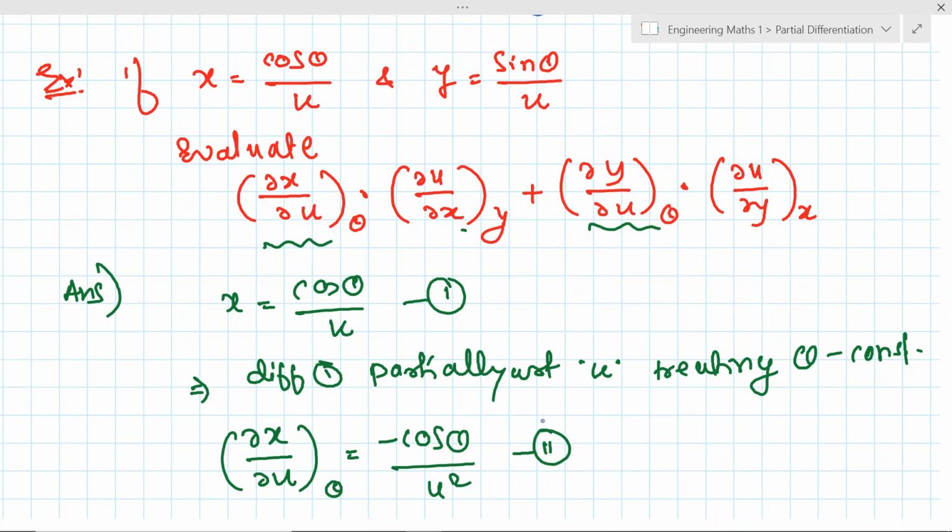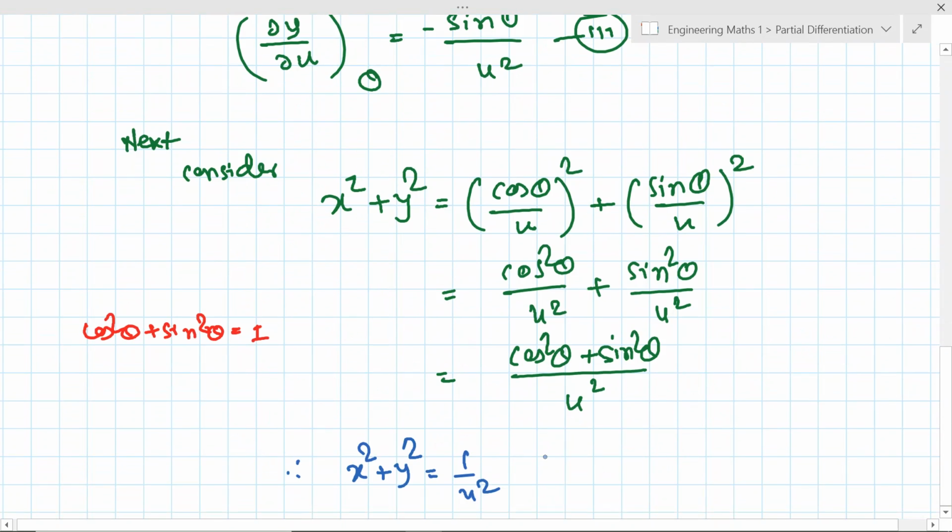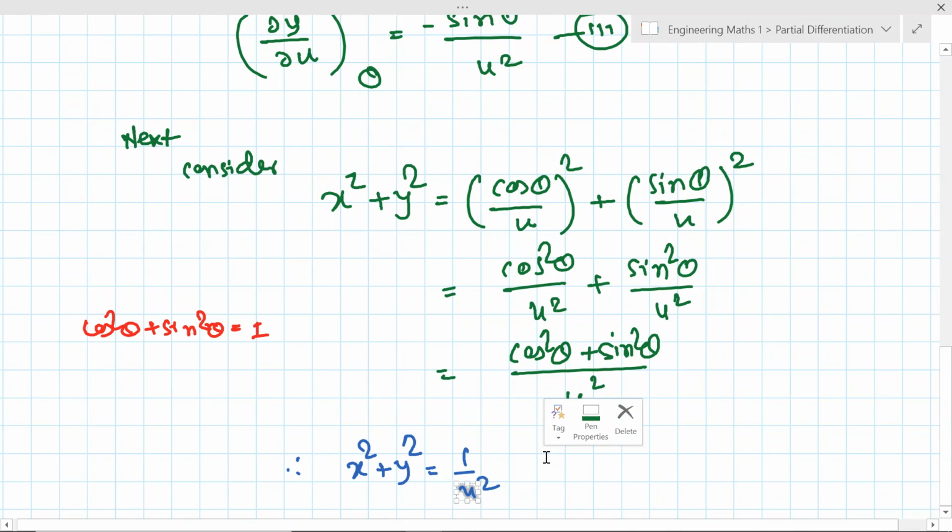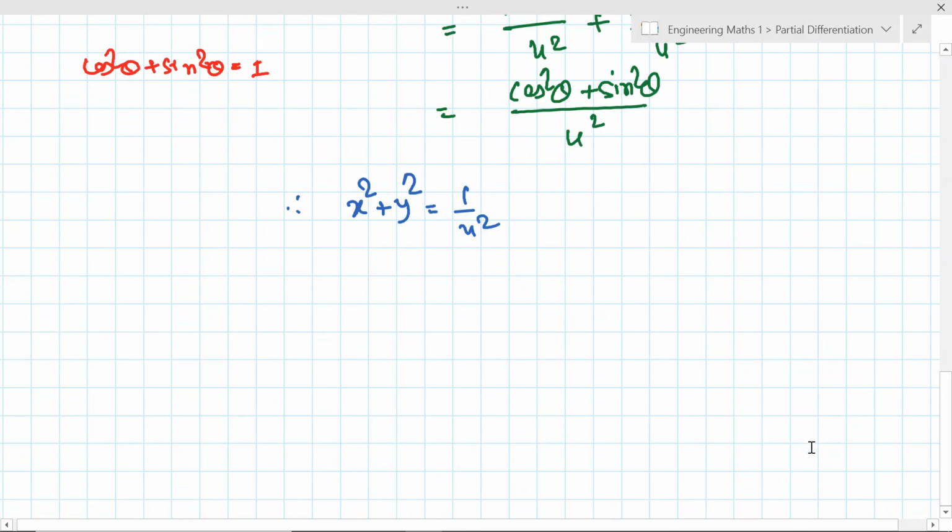From this we can also find the expression for u. It is u square is equal to 1 upon x square plus y square.